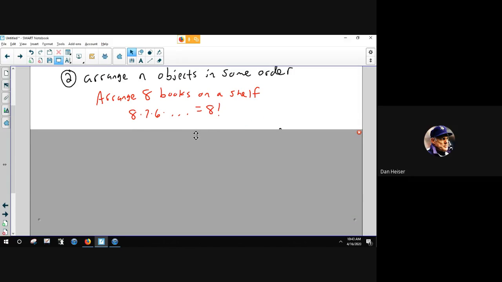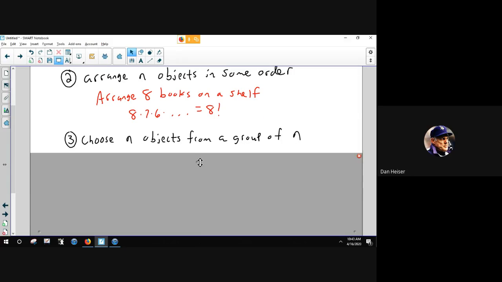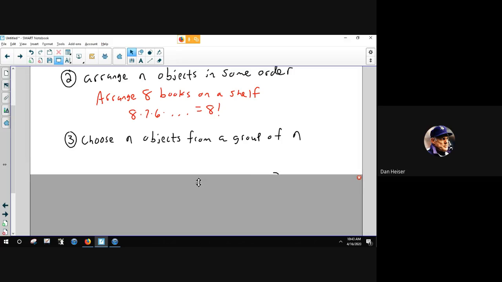There's one more interpretation of n factorial. Choose n objects from a group of n. And again, it implies that we're doing this in some order. So using the book example, I can select 8 books from a group of 8 in 8 factorial ways.